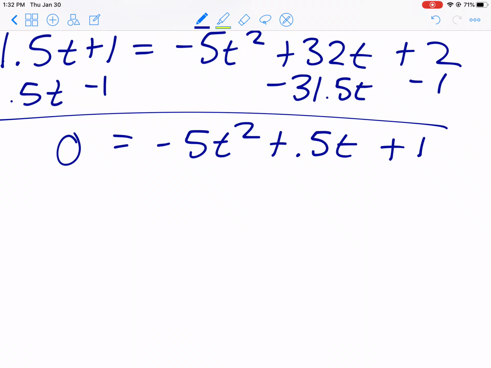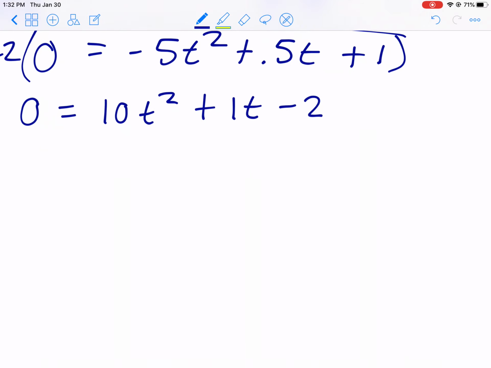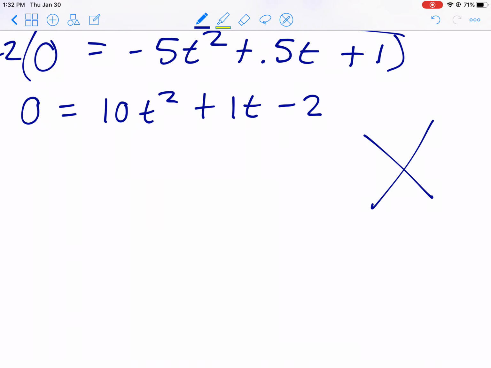If I multiply the entire equation by negative 2, then I can get this to not be a decimal anymore, which would be nice. And I'm choosing negative so that this will end up being positive. You could leave this problem exactly how it is and use the quadratic formula, and you'll get there. But I want to try to factor.